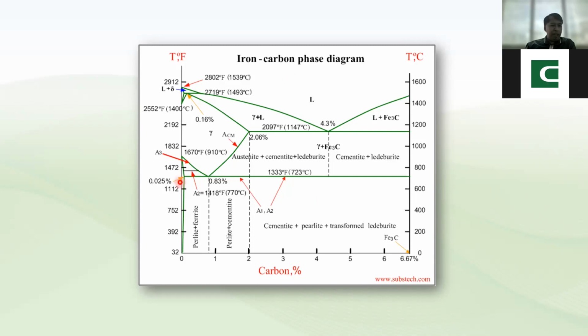Kailangan umabot lang tayo dito sa line ng A1 stage below. At this portion, ang ating steel is red orange, nagiging red orange na siya, no? So, hindi pa siya solid na solid, pero pwedeng ma-release ang residual stress na na-trap sa ating welding during actual welding.